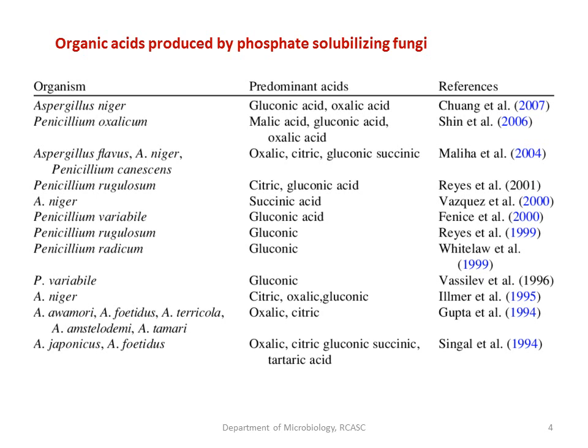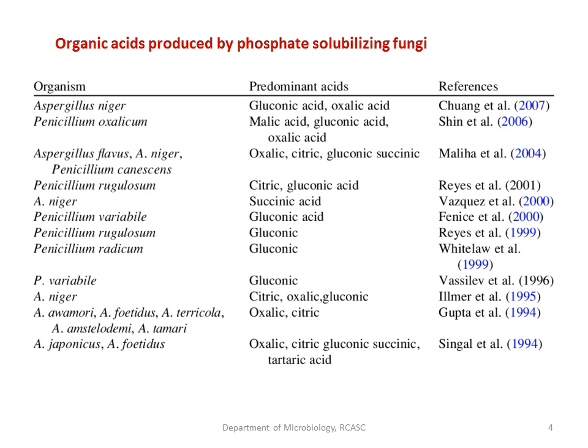You can go through this, especially the various organic acids produced by Aspergillus species and Penicillium species. Many species of Aspergillus and Penicillium have an ability of producing various organic acids, which has been reported by various workers.